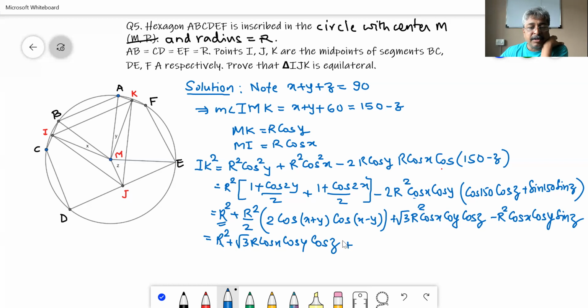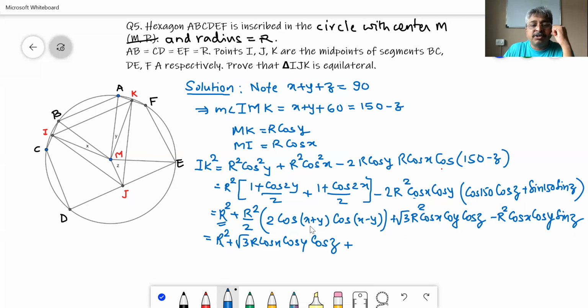Now it is time to figure out this one. Now here we will use this identity again: x plus y is equal to 90 minus z. The reason for this step is that right now this expression is dominated by x and y. Only z is present at a couple of places. So we want to bring z also into this and reduce the number of x's and y's.